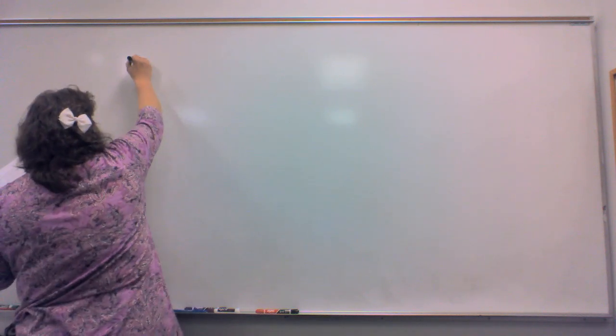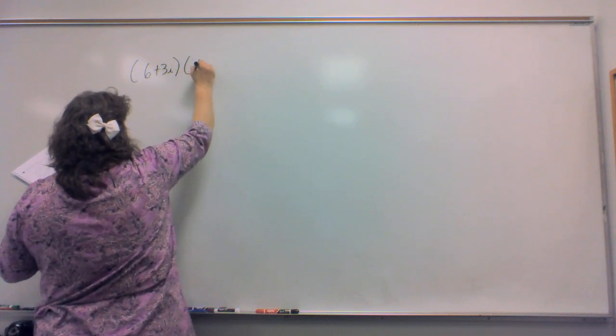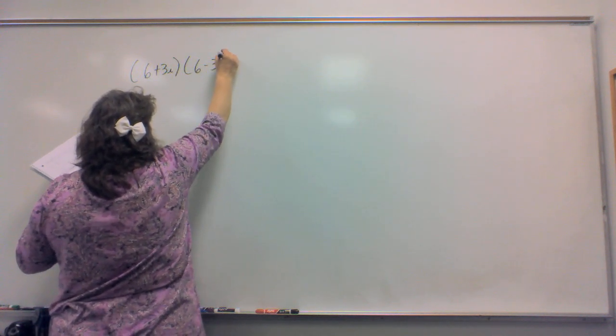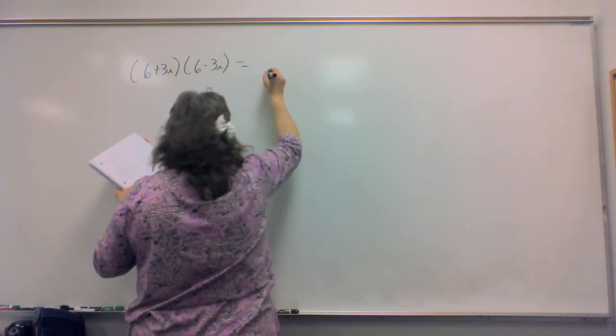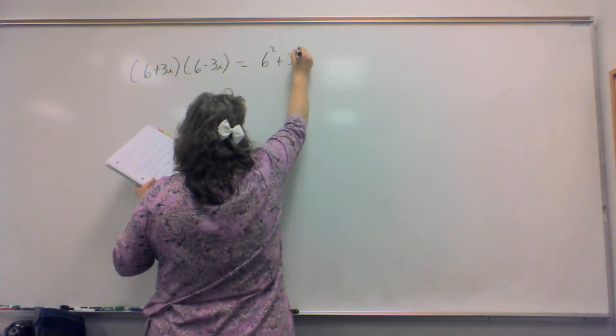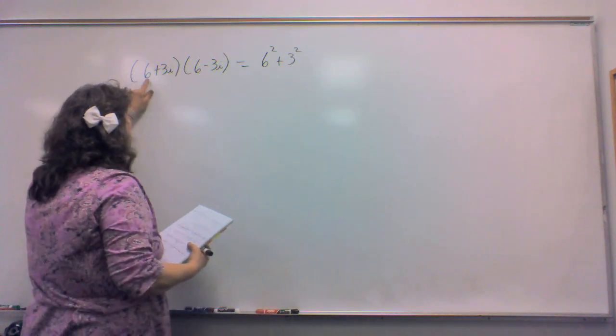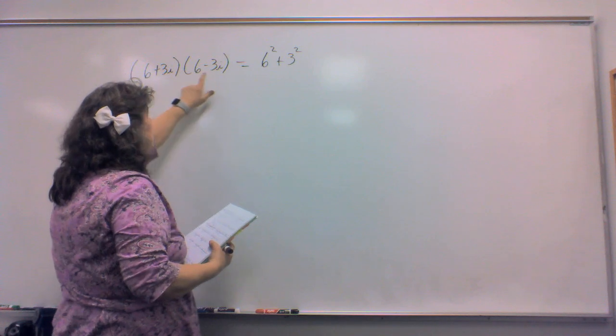So, 6 plus 3i times 6 minus 3i is equal to 6 squared plus 3 squared. Remember, a squared plus b squared?